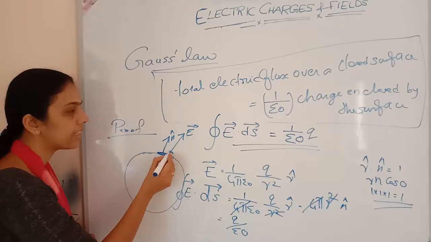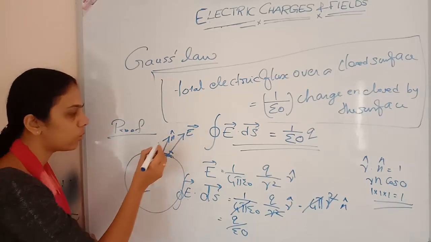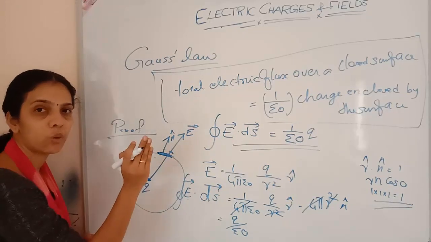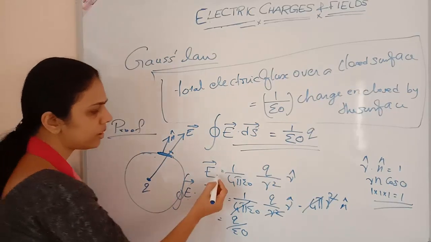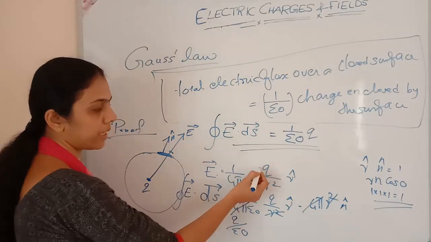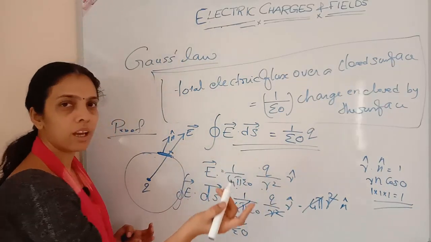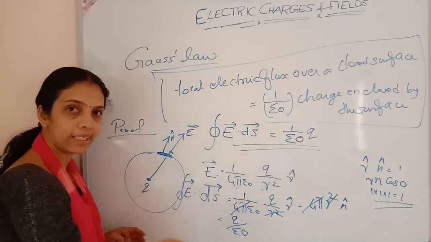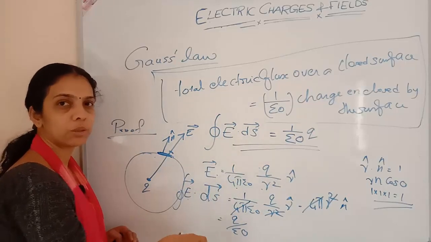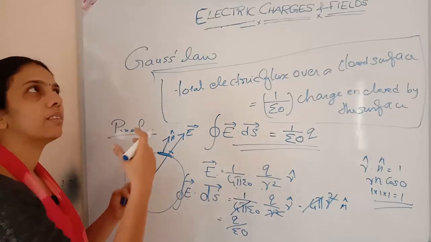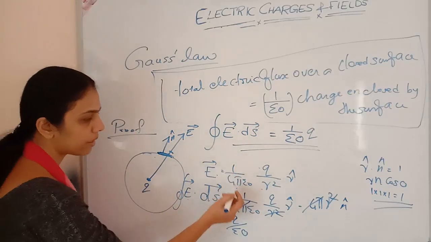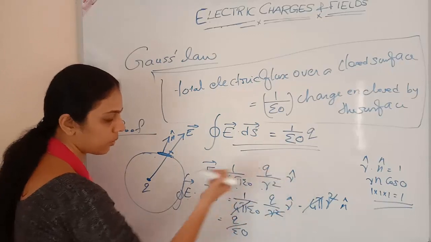Then here the electric field will be acting radially outwards, and it will always be perpendicular to the surface. So E equals 1 by 4 pi epsilon 0 q by r square. We already learned this in the previous session. If you didn't watch that video, please go through the description box. All the videos related to this chapter are given there. So 1 by 4 pi epsilon 0 q by r square into r.